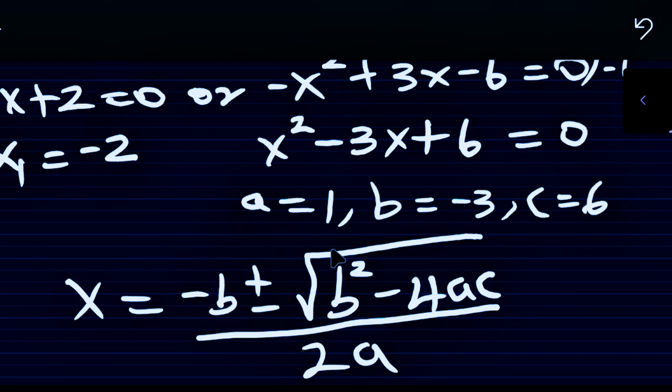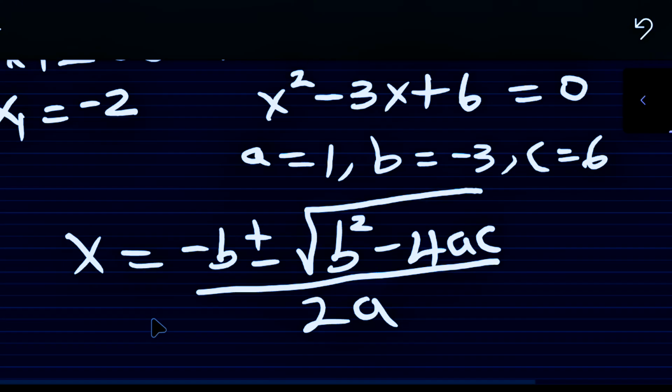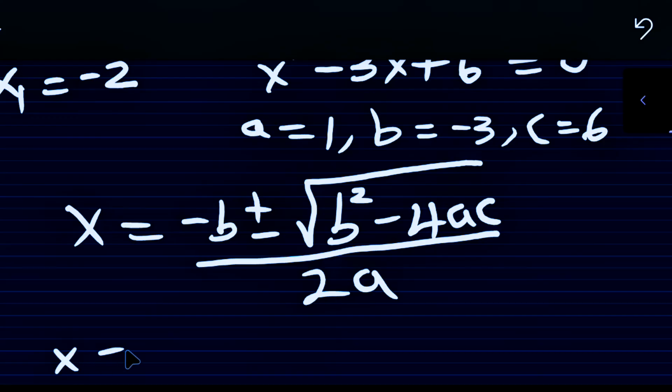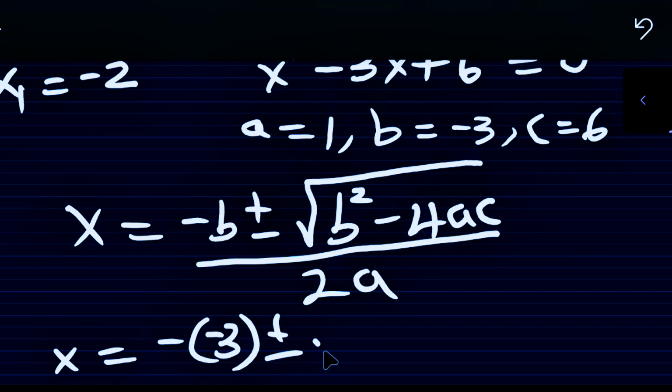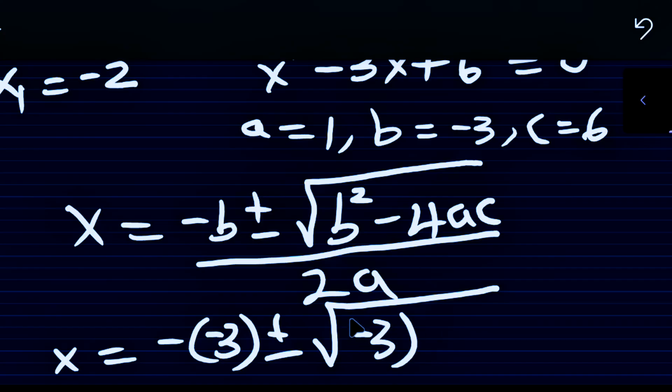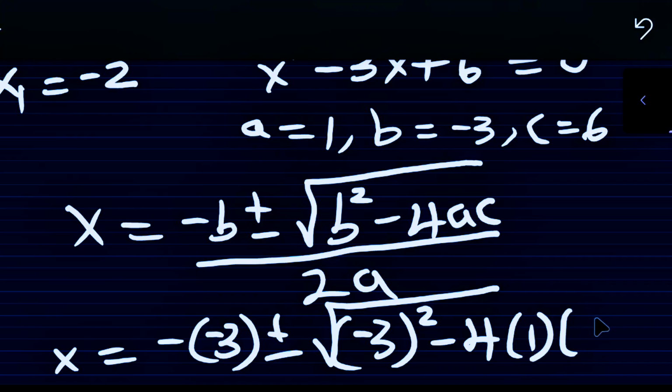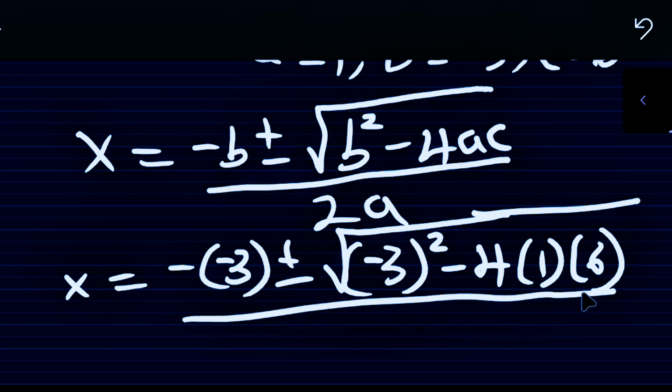So x will be equal to minus, open bracket, minus 3, because b here is minus 3, then plus or minus square root of b squared, that is minus 3 all squared, then minus 4 multiplied by 1 multiplied by c, which is 6, and everything will be divided by 2 times 1.